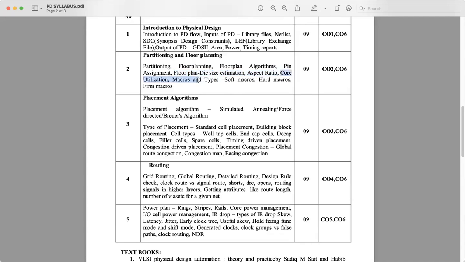Next, how you're going to use the core, how much utilization of the area: are you going to use 60%, are you going to use 80% of the core? That is where your transistors are going to be placed. Then about macros, it can be soft macros, hard macros, or firm macros. So we will be looking into them in detail.